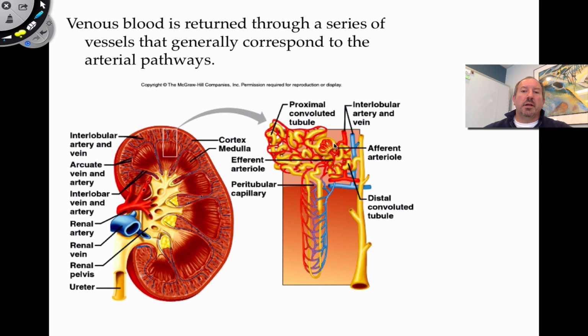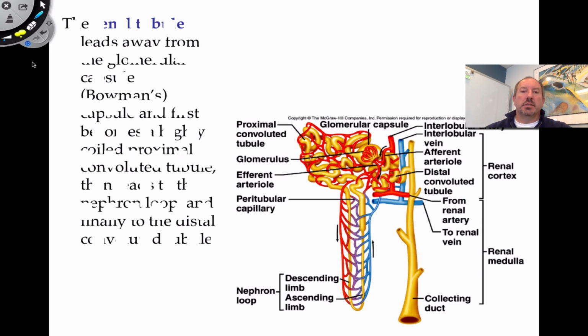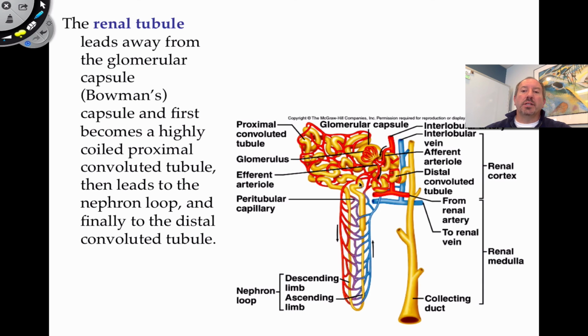All right, so here's the glomerulus where the blood is filtered. The renal tubule is where there's reabsorption of materials from the tubule back into the bloodstream, and then anything unwanted is secreted to the outside. And so finally, the renal tubule leads from the Bowman's capsule.